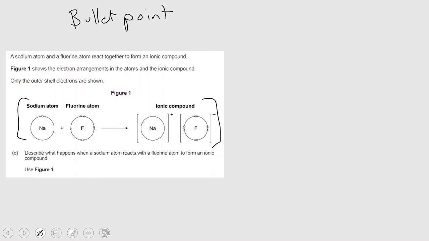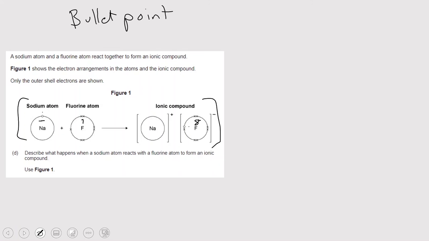So we can see that our sodium atom has started with an electron in its outer shell and now has no electrons in its outer shell, or it has a full outer shell in the shell below. Fluorine has started with 7 and now has 8. We can see that this dot here, this electron, has jumped over to our fluorine atom.